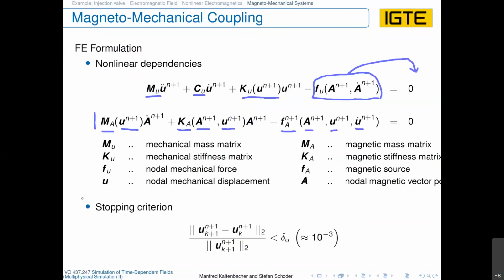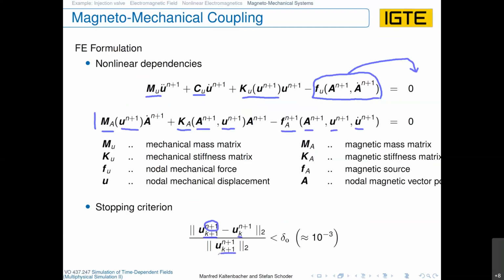And the stopping criterion that is very often used is the mechanical displacement. So you see we compute the mechanical displacement at time step n+1, but we have this iteration counter k. Yeah? And so the difference between the solution at iteration k+1 and the solution at iteration k, you compute and normalize it to the value you have just obtained when you solve the mechanical equation for iteration k+1.